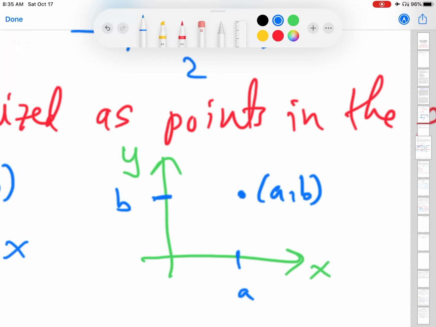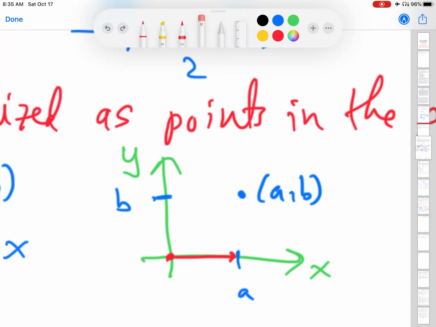Instead of thinking of this as go to the right a units and then go up b units, I'm going to start at the origin and then go some distance away from the origin, and then go some angle theta up from the x-axis until you get to the same point a comma b.